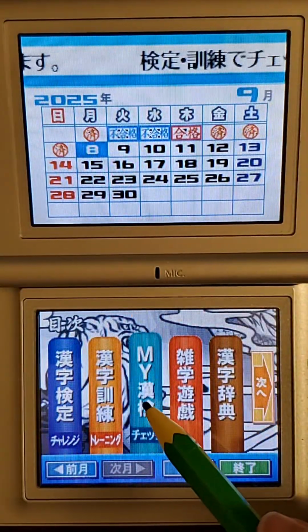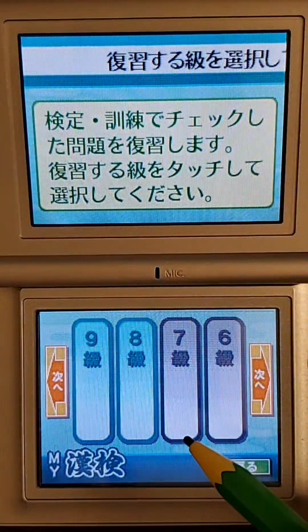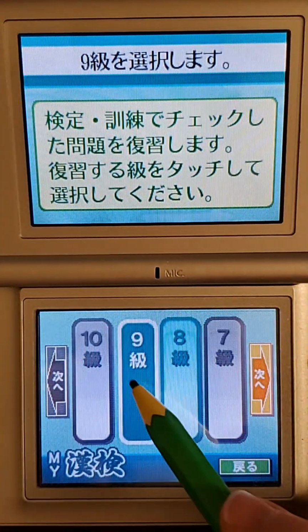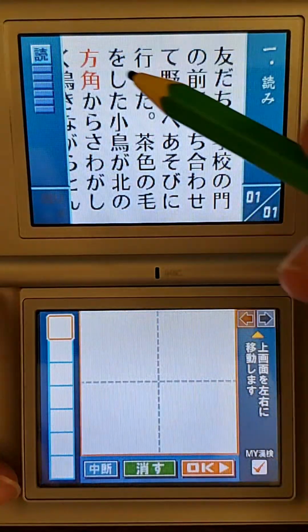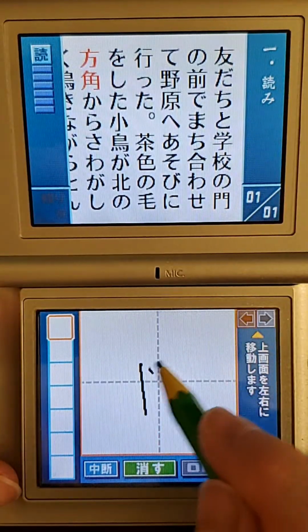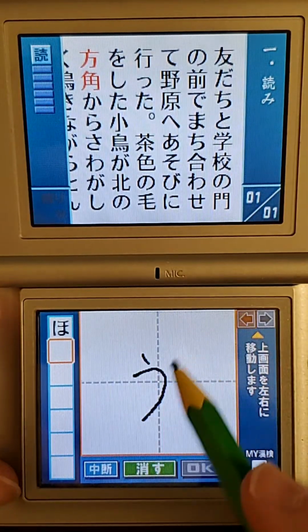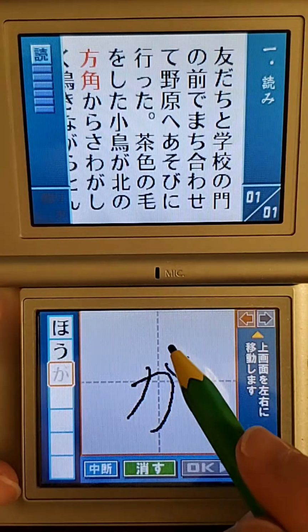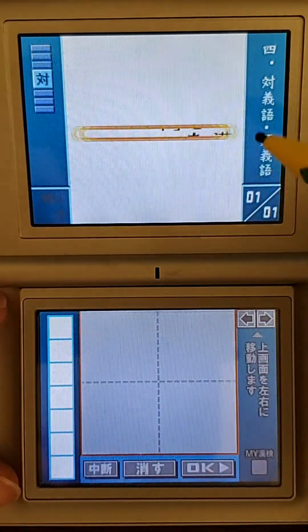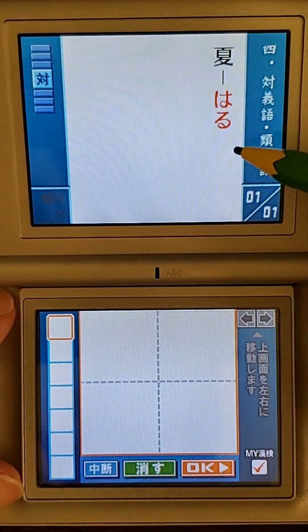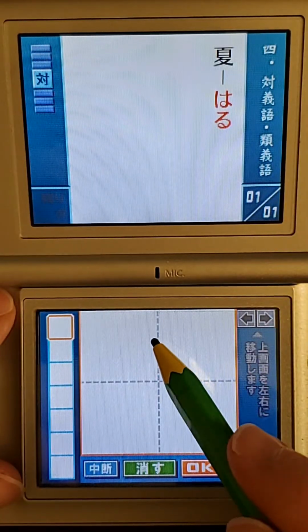All right, and then I'll go to my Kanken check after that. Today, I'm just going to go to level 9, just showing what it looks like, because I missed a couple of those. Hogaku is what it was. I remember that. Hogaku. And Haru. Oh my gosh, what the heck was it?